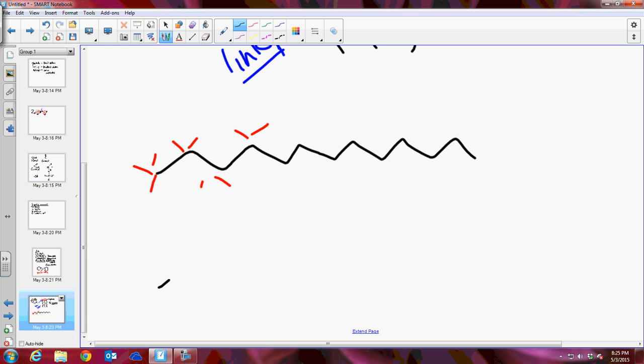Whereas an unsaturated fat might have something that looks like this, where you have a bend, where there's a double bond, and so there's still room for more hydrogen. And you can have a monounsaturated fat where it only has one double bond, or a polyunsaturated fat that has more than one double bond.